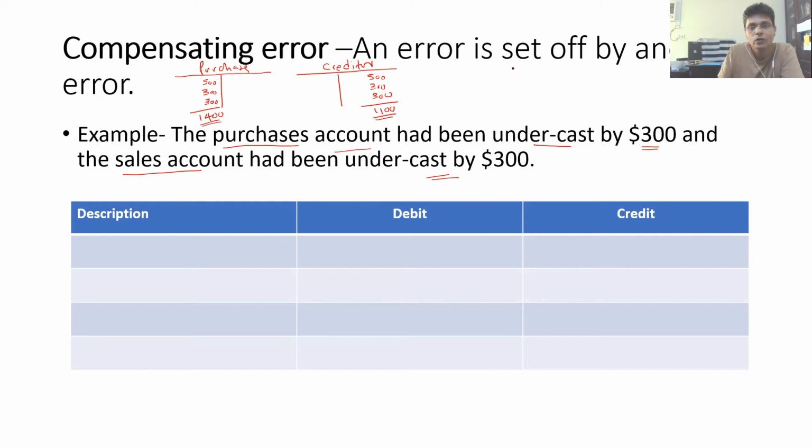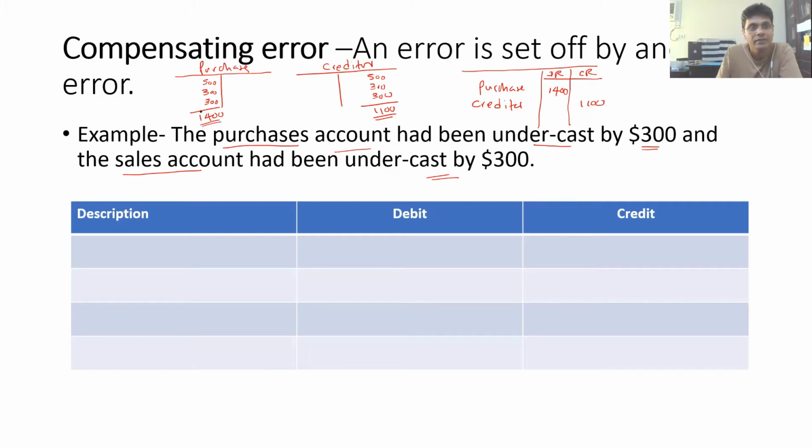Okay, so when you go to your trial balance, I'll just take a small trial balance here just to explain this concept. This is your trial balance. So what you have done, the purchasers account how much? 1400. And creditor how much? You are taking 1100, right?